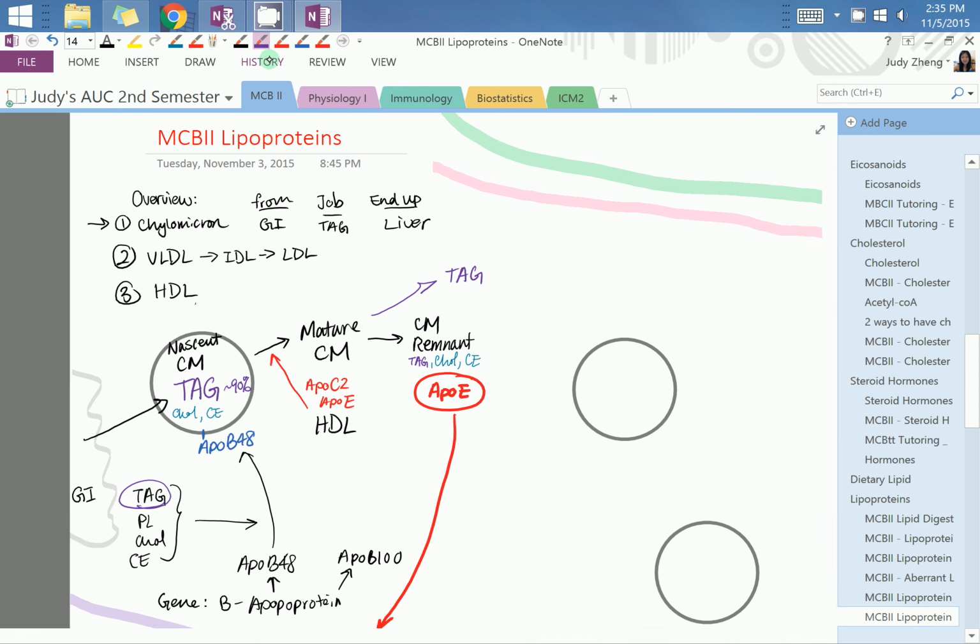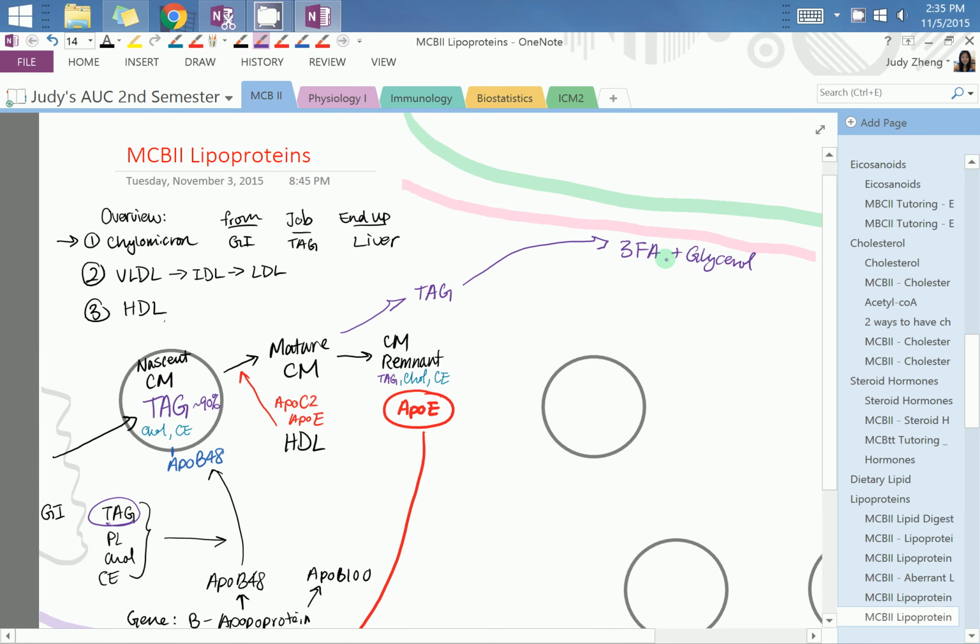The triglycerides need to be broken down into three fatty acids and a glycerol. In this case, the three fatty acids can now be taken up by the peripheral tissue.